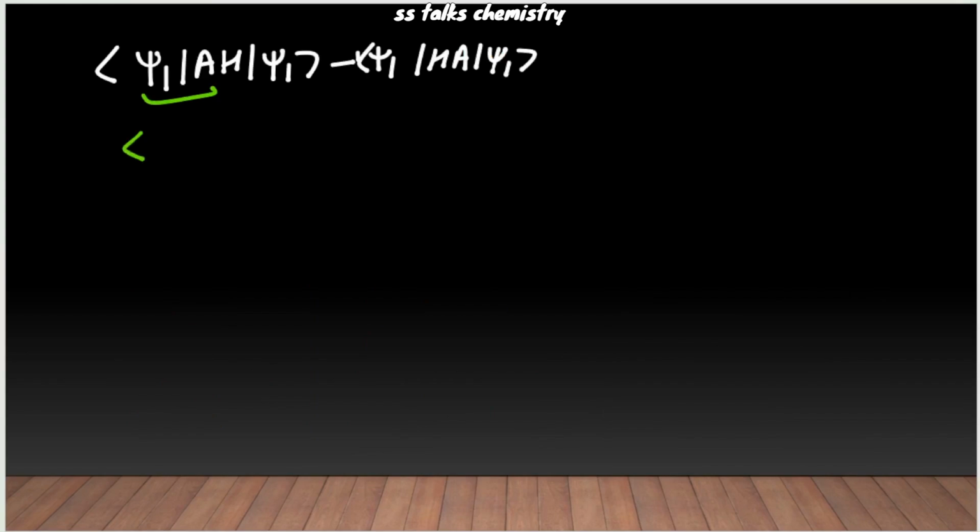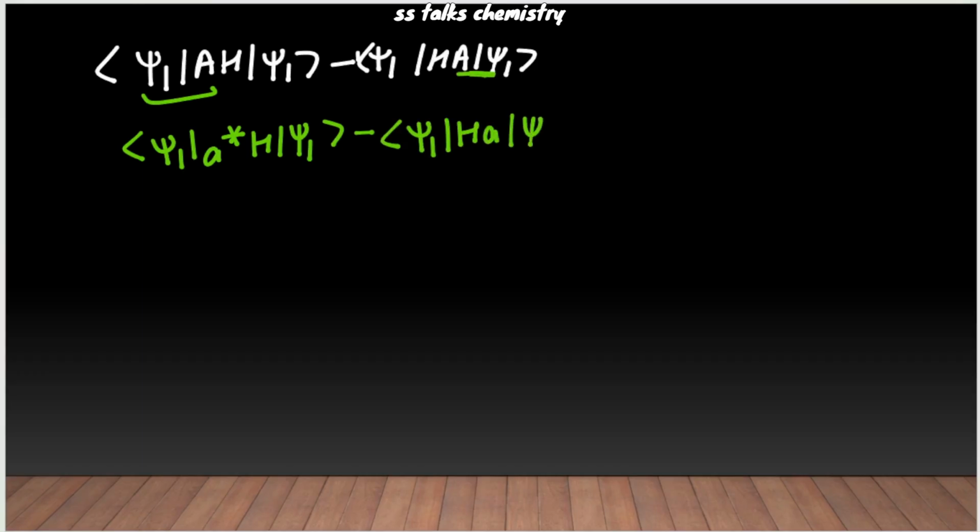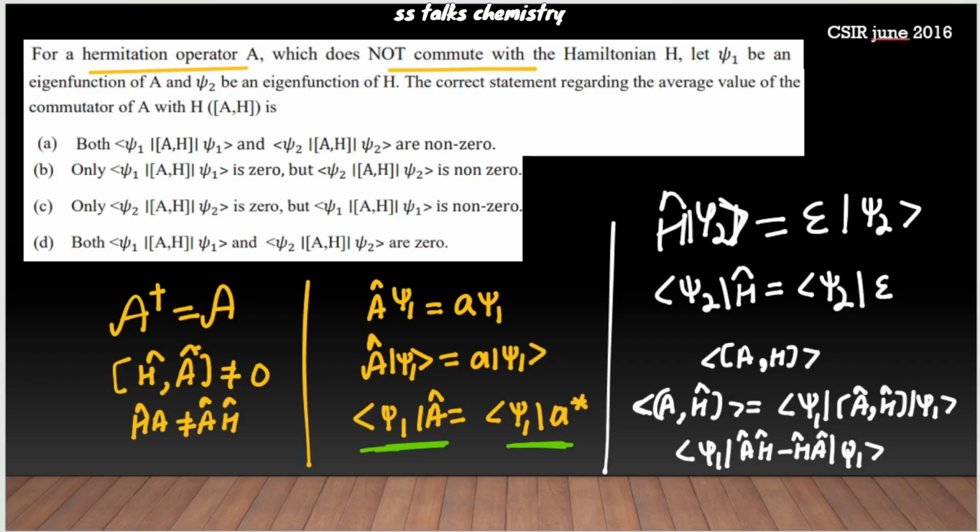So this is going to give psi1, A star, Hamiltonian, psi1, minus, here you again know this value. A into psi1, this is going to be A and the wave function psi1 only. Now they have said that A is a Hermitian operator.